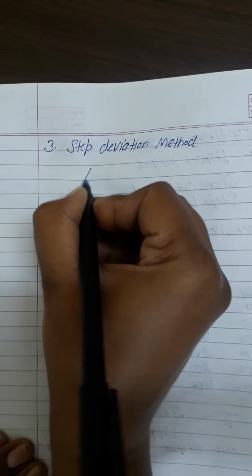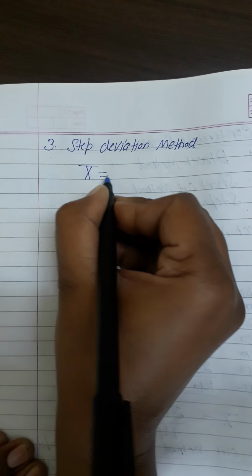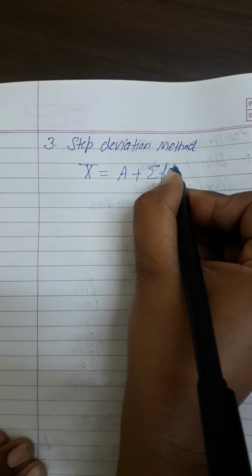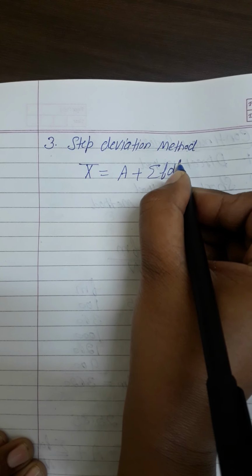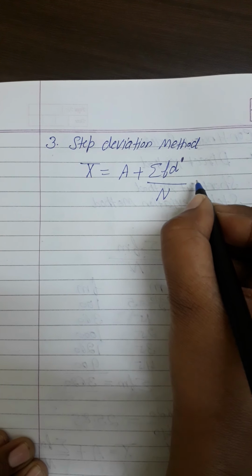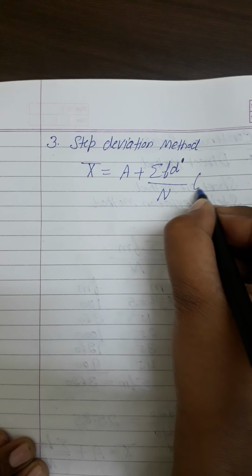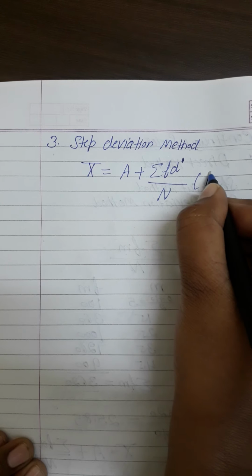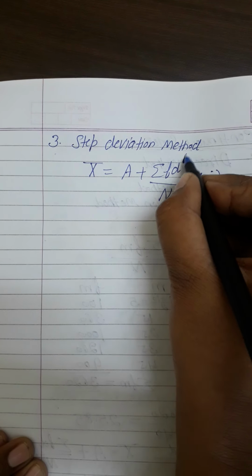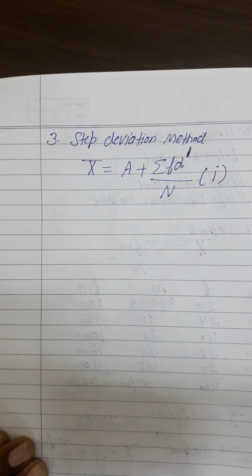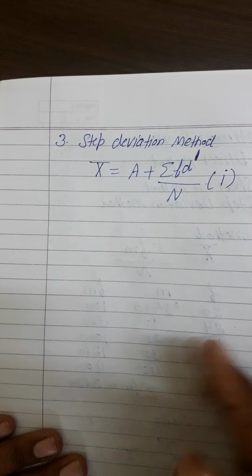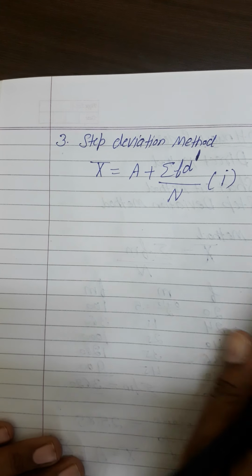And the formula of step deviation method is A plus summation F D dash, this is D dash, no D, upon n multiplied by I. We will understand this formula with the help of an example.